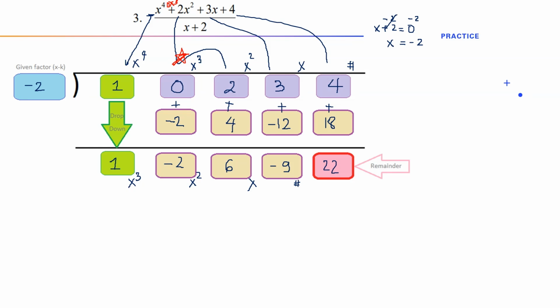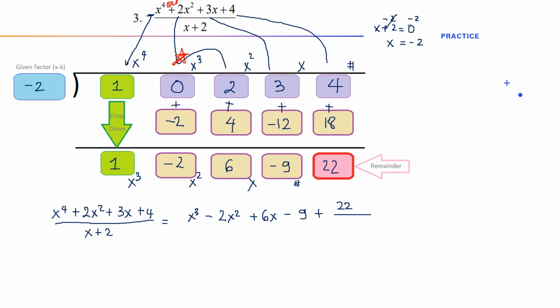So we rewrite it. x to the power of 4 plus 2x squared plus 3x plus 4 all over x plus 2, and that equals, we rewrite it, 1x cubed is x cubed minus 2x squared plus 6x minus 9, and then add the remainder, 22 over the divisor.